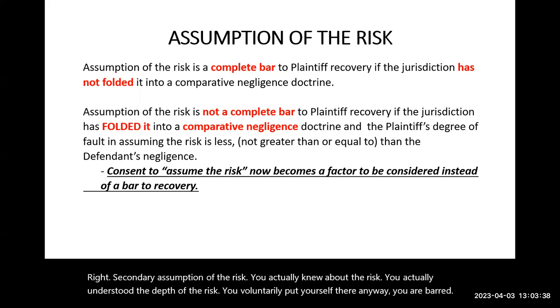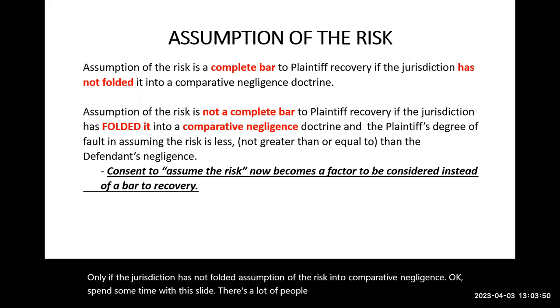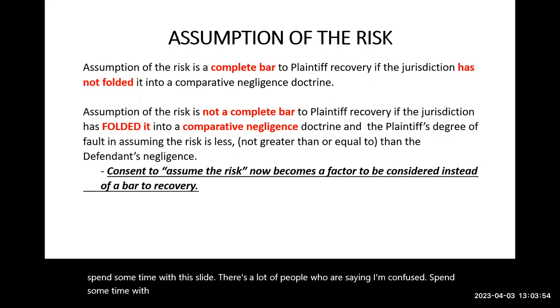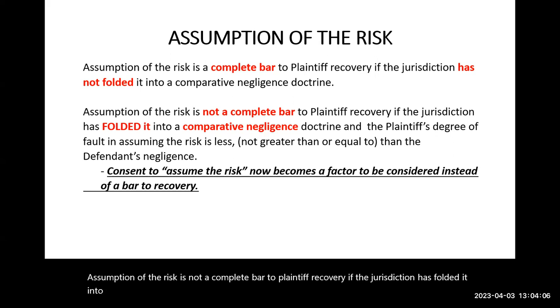Only if the jurisdiction has not folded assumption of the risk into comparative negligence. Okay, spend some time with this slide. There's a lot of people who are going to be saying, oh, I'm confused. Spend some time with the slide. Assumption of the risk is not a complete bar to plaintiff recovery if the jurisdiction has folded it into comparative negligence.